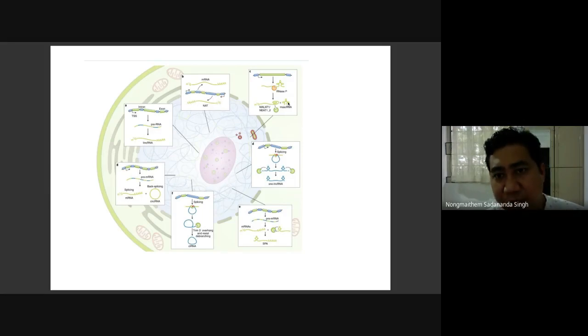And this is one of the examples wherein, after transcription, many of the long non-coding RNAs are processed post-transcriptionally to stabilize or mature themselves. Just like tRNA maturation in the case of structural RNAs, RNase P recognizes certain sequences in the transcript as well as the structure, and then cleaves at a certain position, which can give rise to a long non-coding RNA.